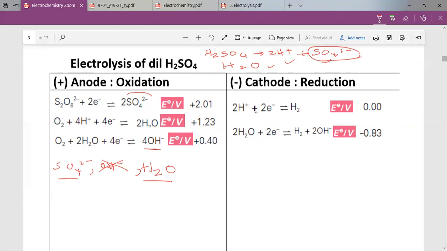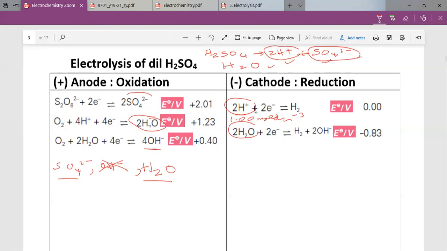At the cathode, of course, we've got H plus, since it's a very strong acid, so we assume it's over 1, and that's why you can use 1 here. This is 1 molar, mole per dm cube. So H plus here, and also water. Water here can act as a reducing agent and can act as an oxidizing agent.